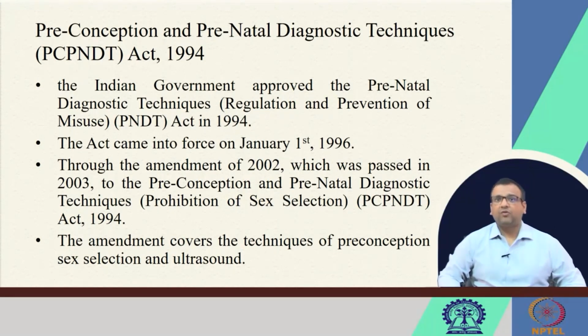Through the amendment of 2002, which was passed in 2003, the PCPNDT Act 1994, that is the preconception and prenatal diagnostic techniques act, prohibiting sex selection, which came in 1994, was amended in 2002 and passed in 2003.